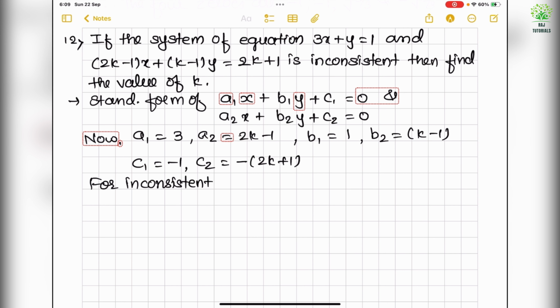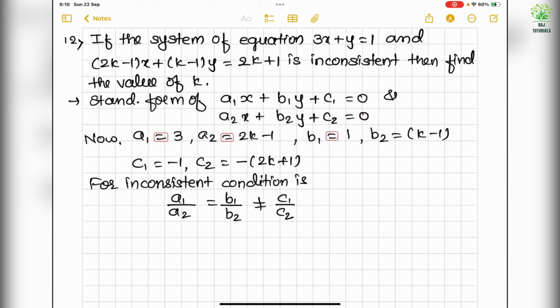Now, for inconsistent condition is a1 upon a2 should be equal to b1 upon b2 should not be equal to c1 upon c2.